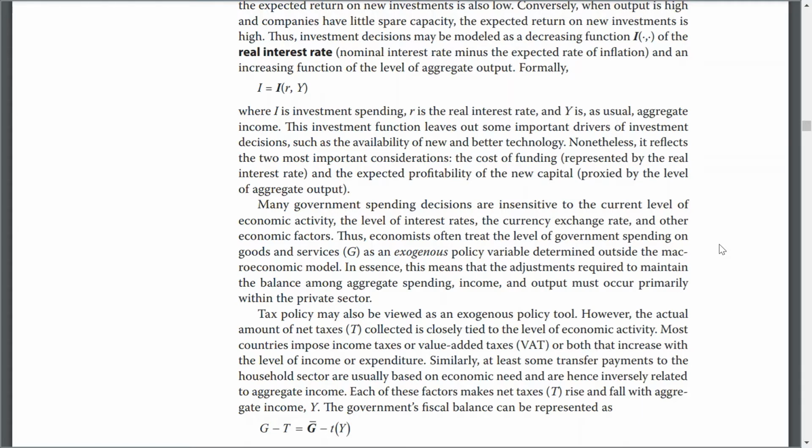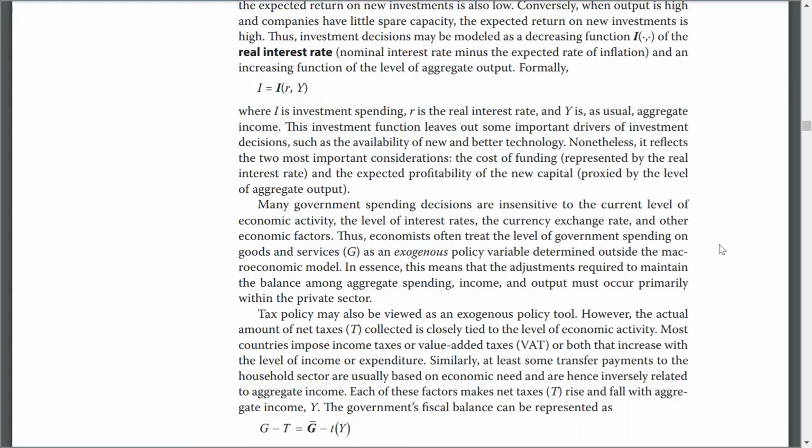Thus, economists often treat the level of government spending on goods and services, G, as an exogenous policy variable determined outside the macroeconomic model. In essence, this means that adjustments required to maintain the balance among aggregate spending, income, and output must occur primarily within the private sector.